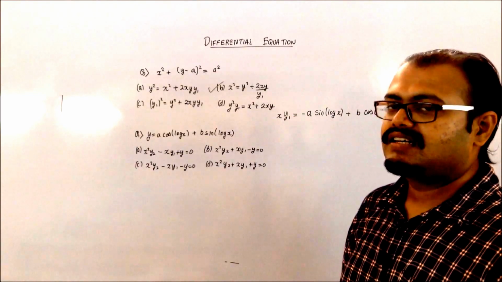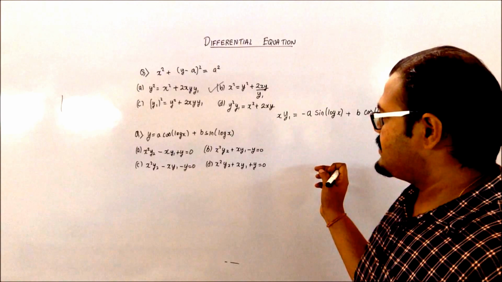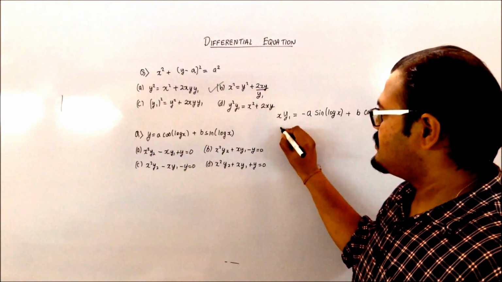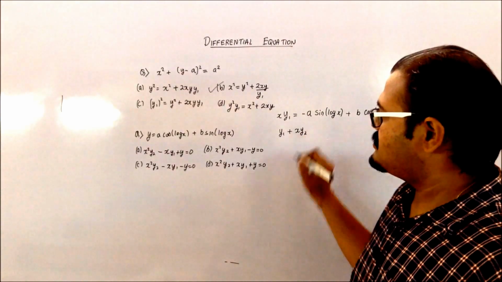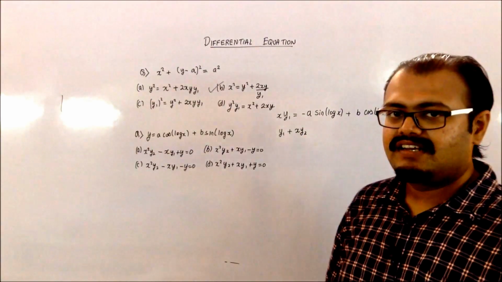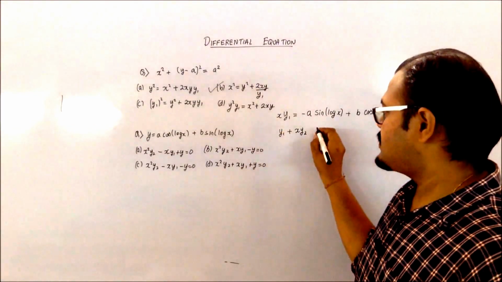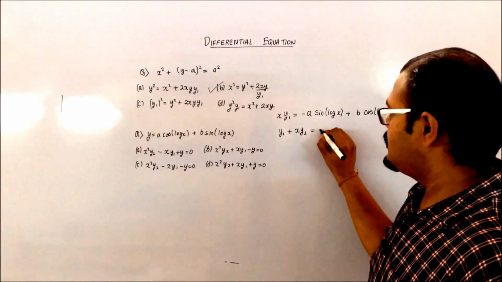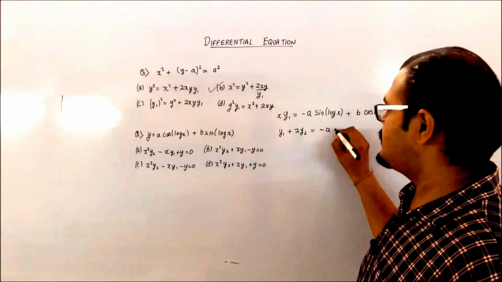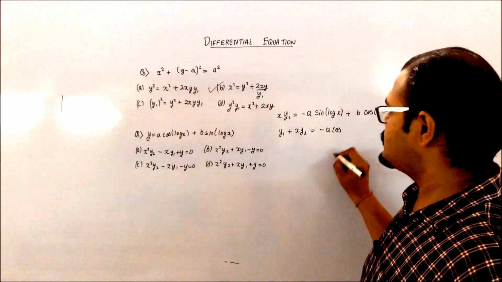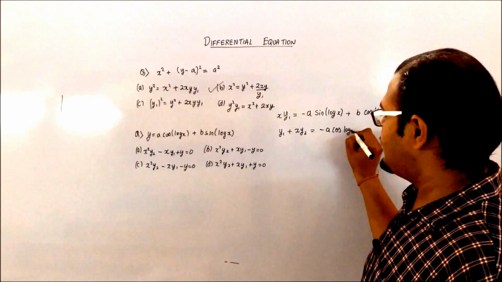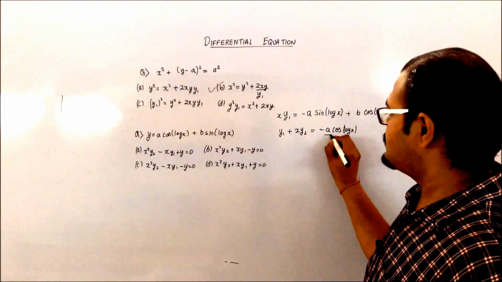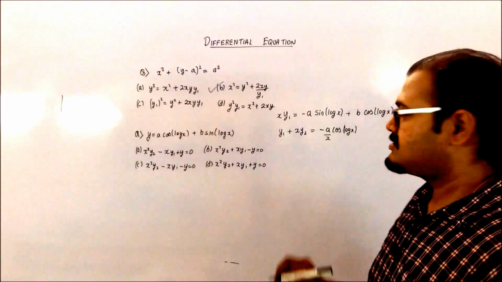So now differentiating it again, you will have y1 plus x y2, which is the second derivative, because you are taking the derivative of y1, will be equal to minus a times the derivative of sine, which is cos, into log x, and the derivative of log x, which is 1 by x.